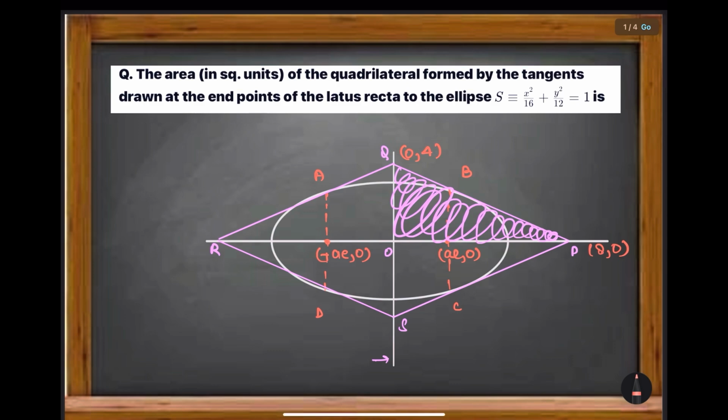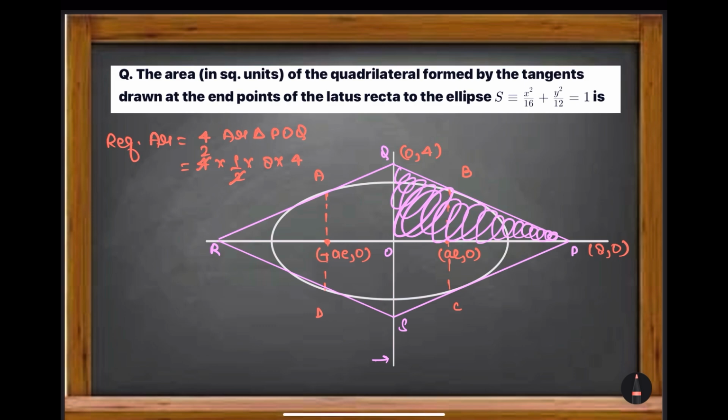So can I say that the required area will be equal to 4 times the area of triangle POQ. So 4 times half, base is this thing, 8, and height is this thing, 4.